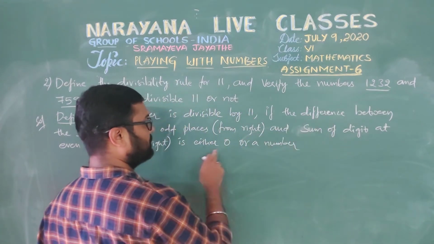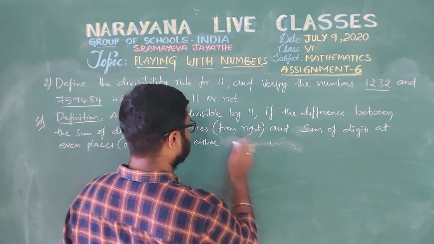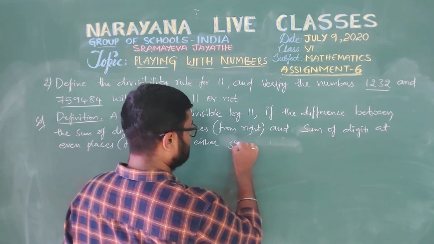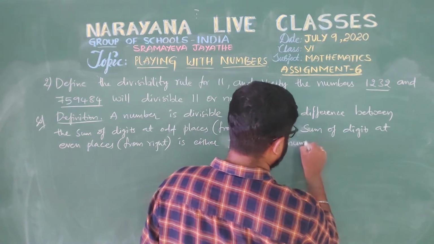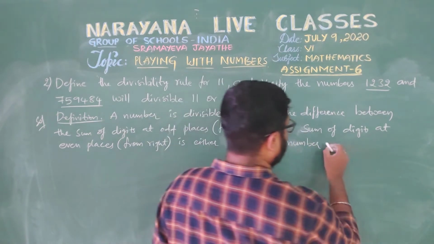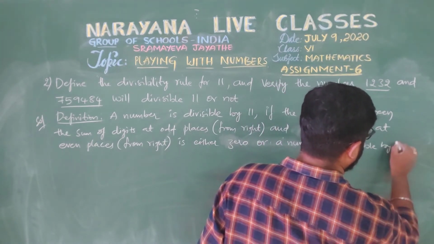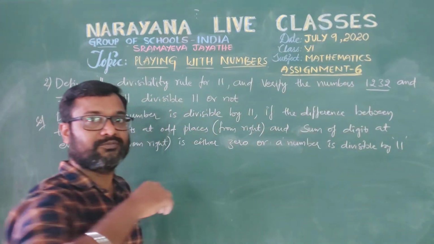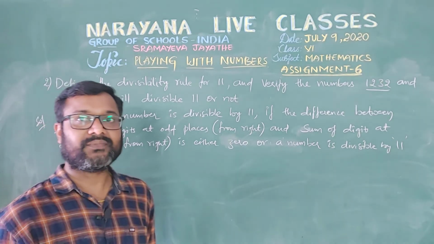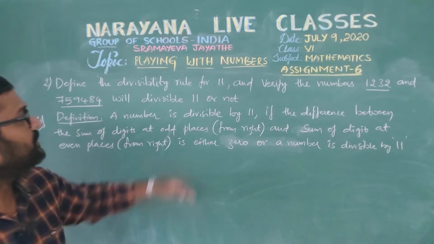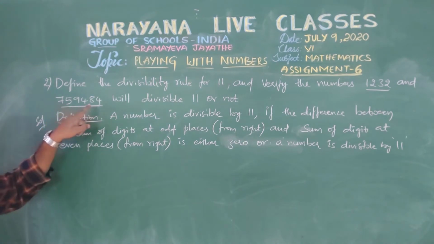The difference should be either 0 or a number is divisible by 11. So this is the definition of the divisibility rule for 11. Using this divisibility rule, we will do verification for 1232 number and this 759484 number.